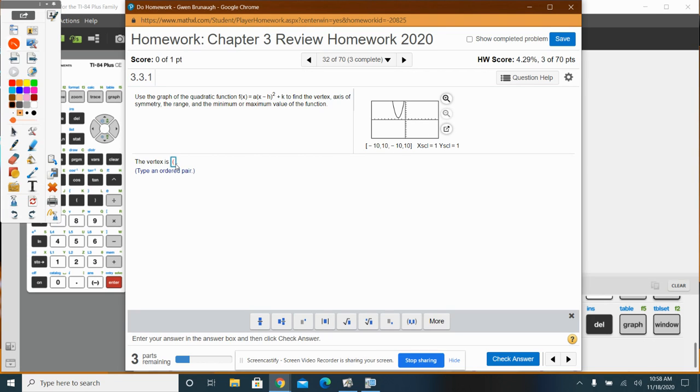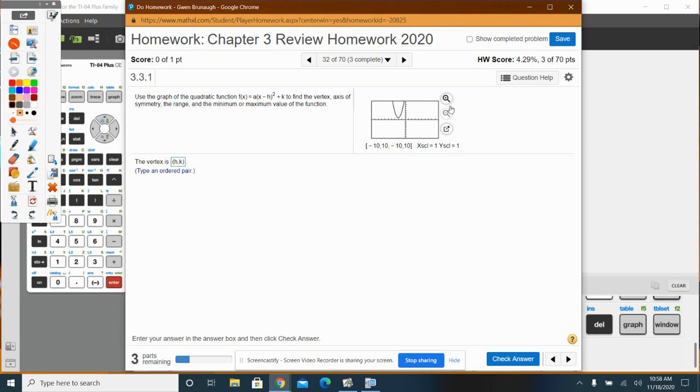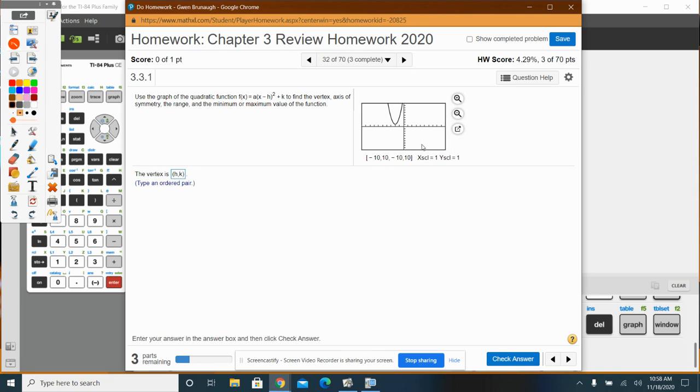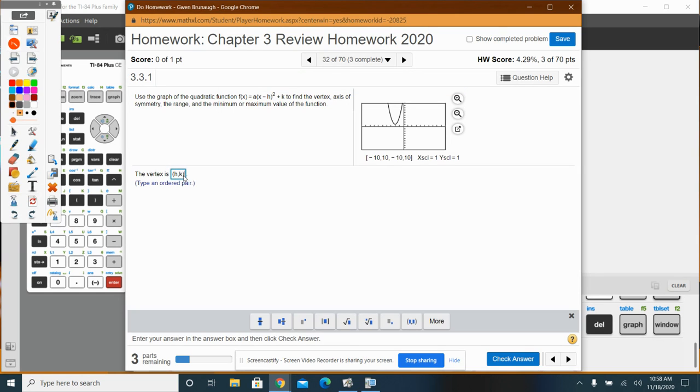Do they want me to say HK? Let's see, I guess they want me to look at the graph. Looks like it's at negative 2, up 1. That's what they wanted me to put. They want me to put negative 2, 1. They want you to look at that graph really closely and then put it down. Negative 2, 1.